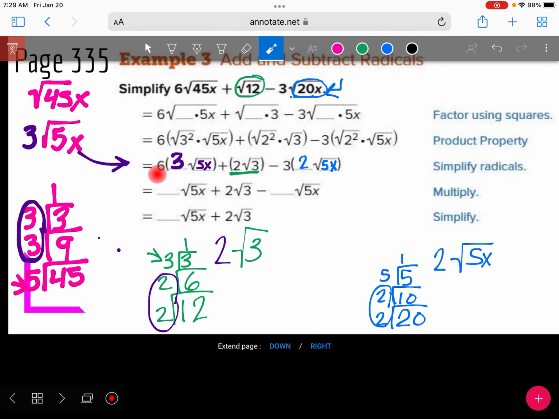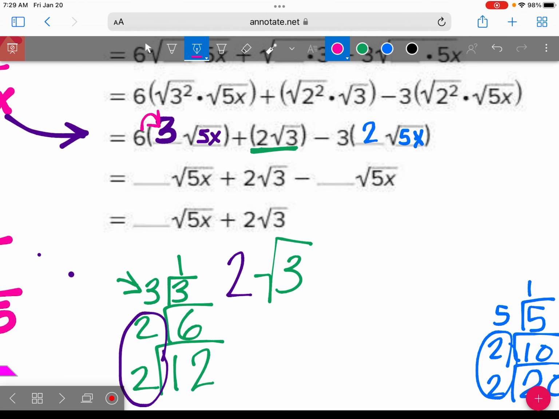So we're going to need to multiply the 6 just to the 3. We don't need to multiply it through. We're not distributing it through the radical. We're just multiplying that 6 times the 3. So what is 6 times 3? 18. You did plus. 6 times 3.